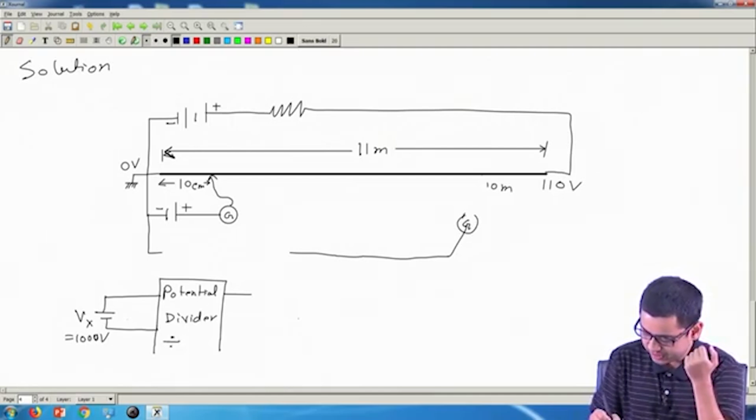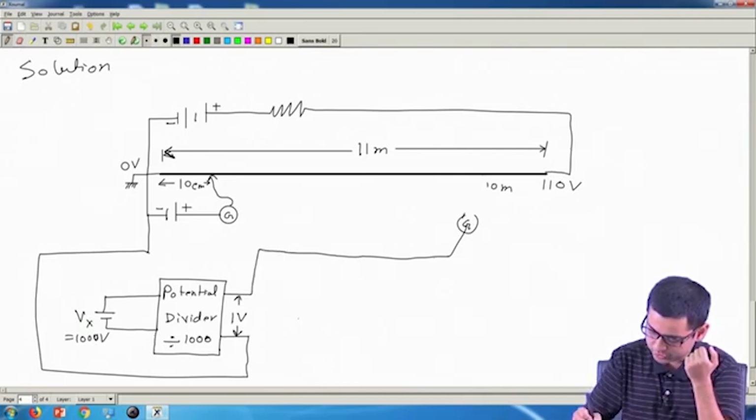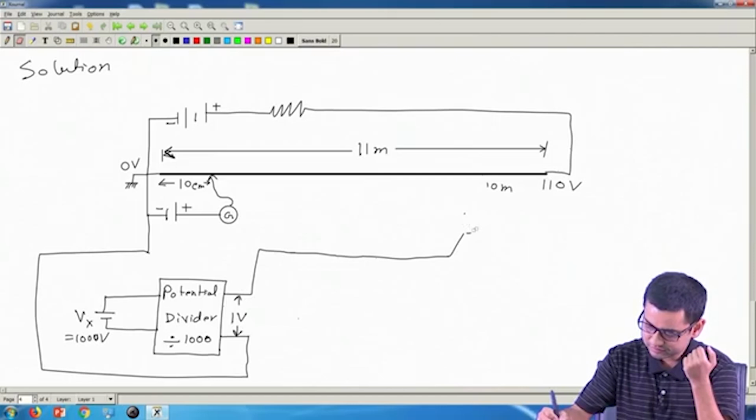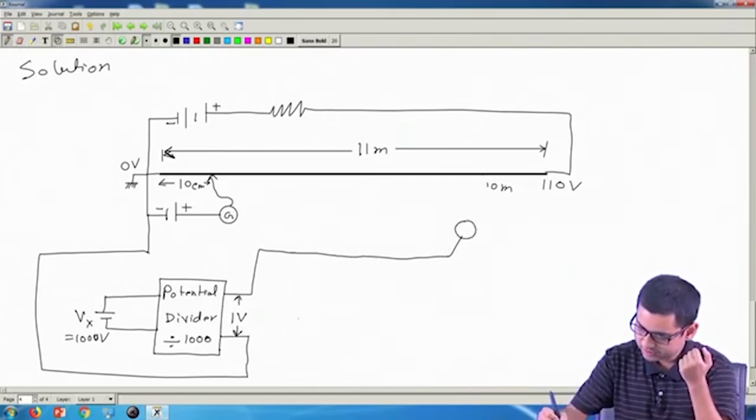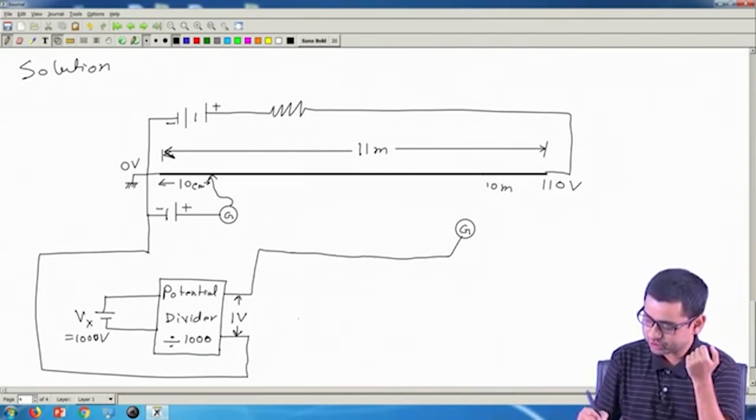Say this divides by a factor of 1000. Then we will have an output which is around 1 volt. If the input is around 1000 volt, the output will be around 1 volt, and this voltage we will apply to this potentiometer. So, that is one side, another side goes like this. And so, the voltage that we are actually measuring is 1 volt. We are not measuring 1000 volt, we are measuring a much smaller voltage.